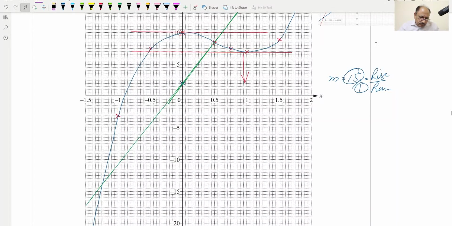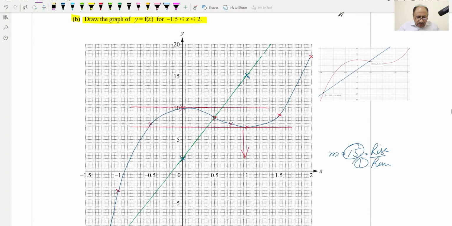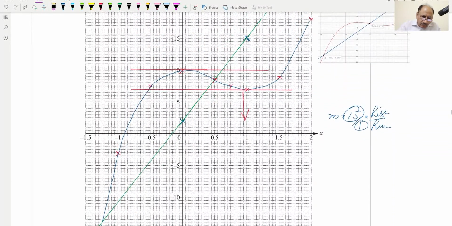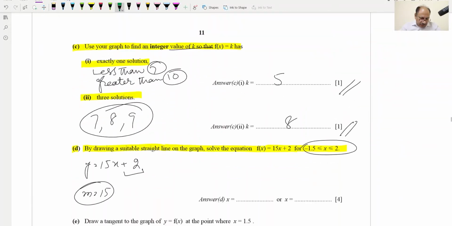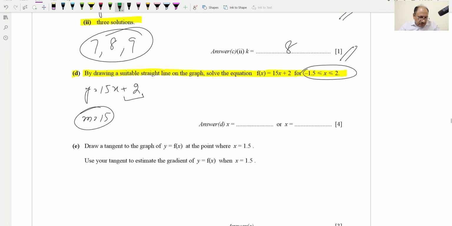Now basically this line we need to remove. Okay, so this is done. Now this line is drawn which was the answer for this part, and basically they are requiring these two x values.